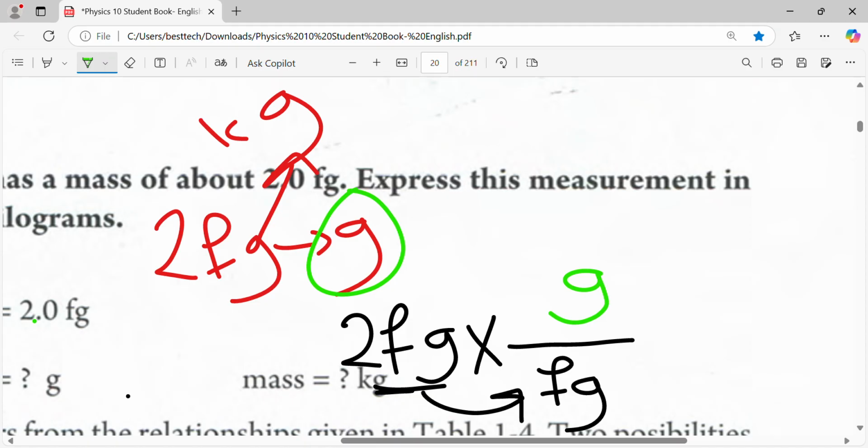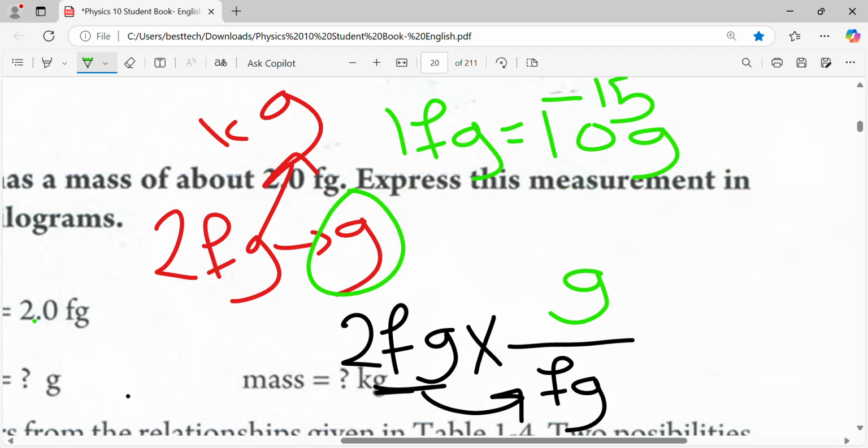So guys, according to the rule, 1 femtogram equals 10 power negative 15 gram. Guys, just one thing, the students really don't understand this point.